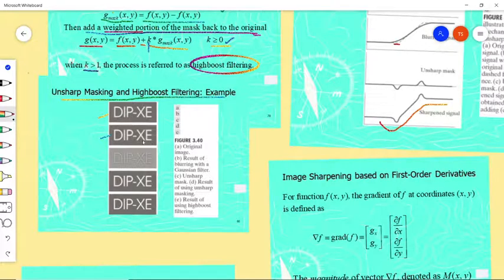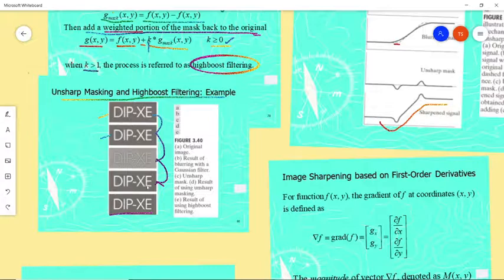This is the result of blurring for this original image. Then we unsharp masked this image, and this is the result. Then we added a weight, and this is the result. Then we applied the high boost filter, and this is the output image. See the clarity between each and every step.